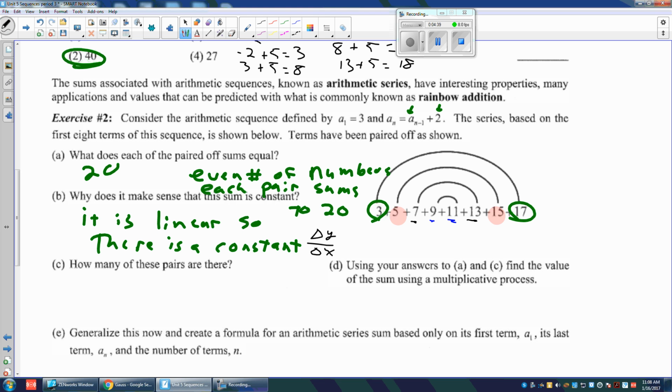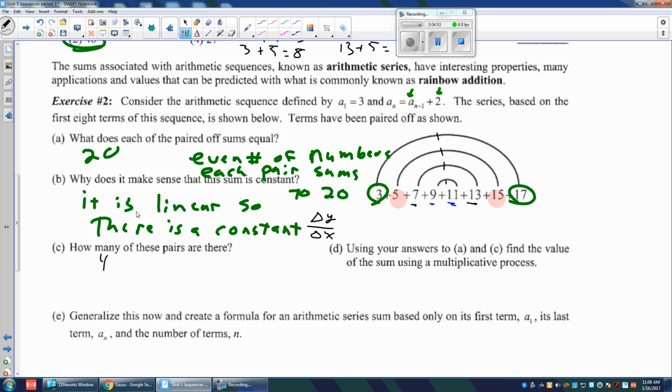How many of these pairs are there? 1, 2, 3, 4. How many numbers were there? 8.